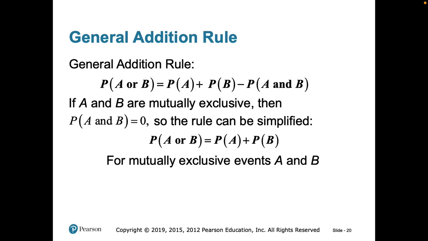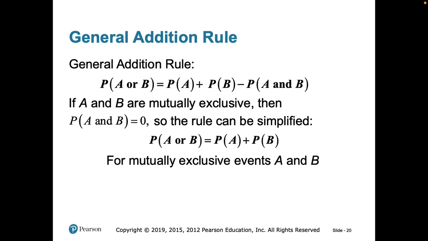In the case where A and B are mutually exclusive, like heads and tails on a coin, the probability of A and B equals 0, and the rule simplifies: the probability of A or B equals the probability of A plus the probability of B for mutually exclusive events A and B.